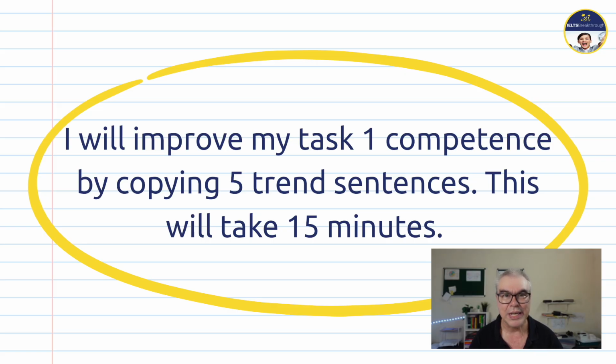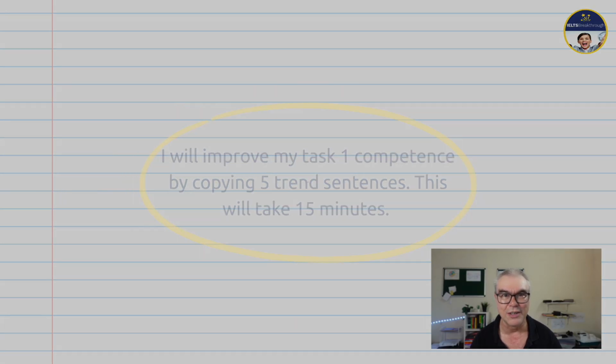The outcome is to improve task 1 writing competence, and the realistic part is copying, because copying sentences is really something that's not so difficult to do. And then finally, we have 15 minutes, the T, the time-bound aspect of this framework.